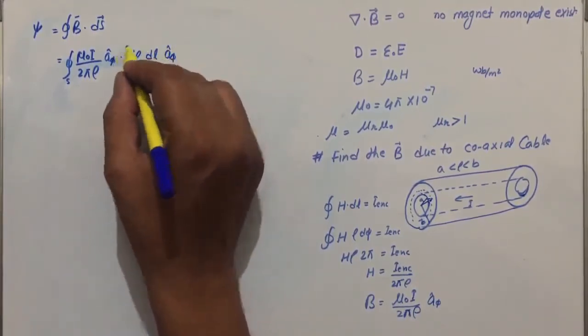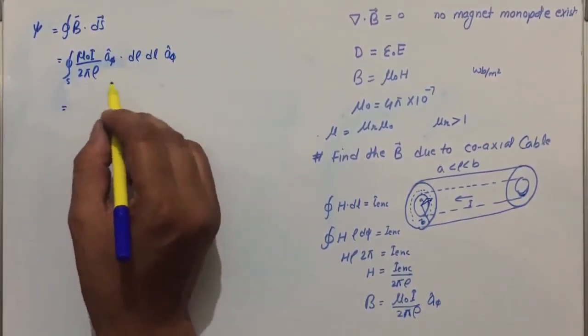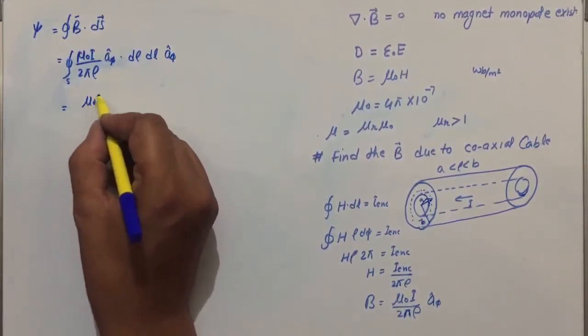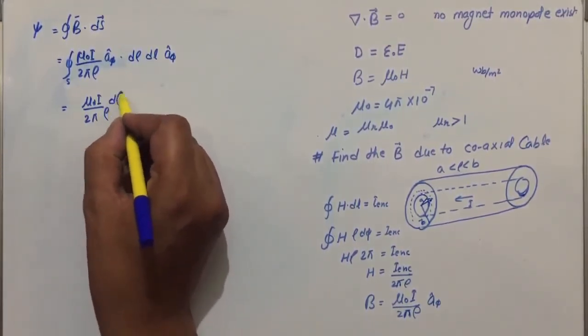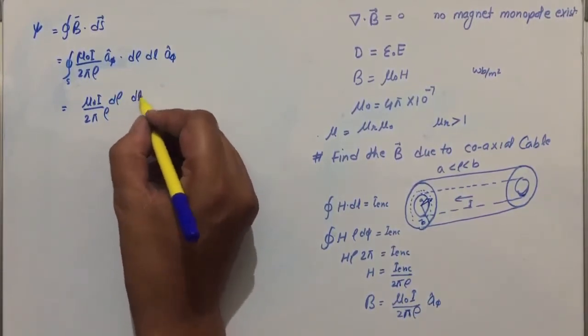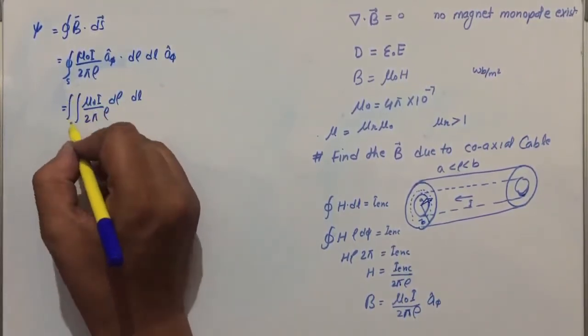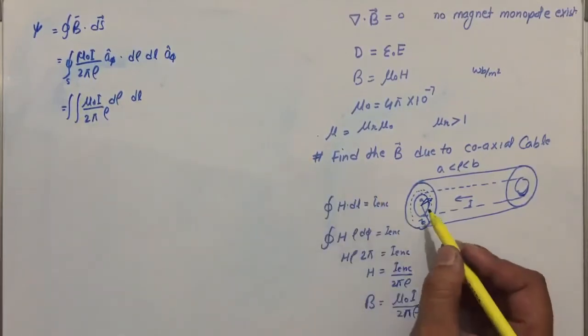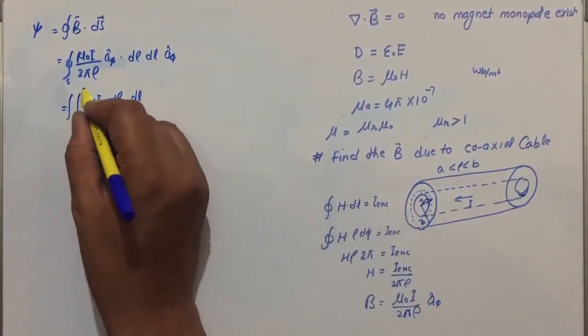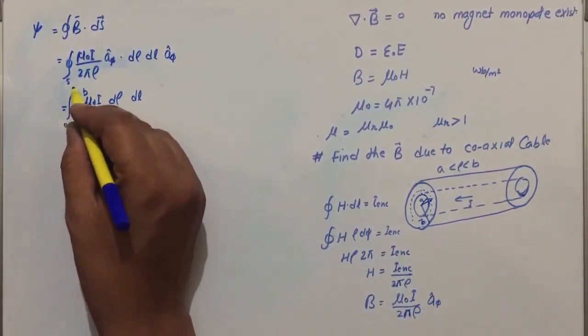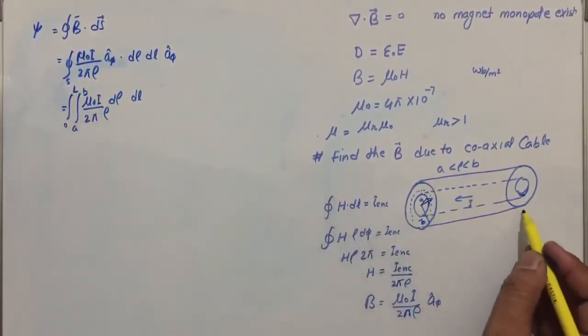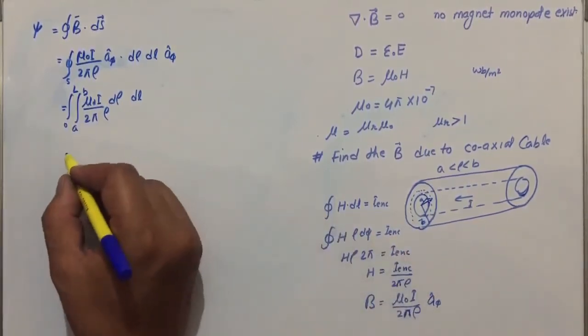So this A phi will give you in the same direction mu naught I divided by 2 pi rho d rho and dl, where rho is varying from A to B and the length is varying from 0 to full length.